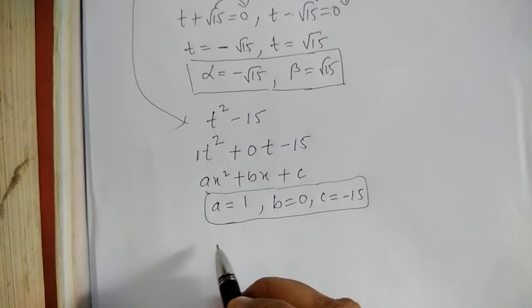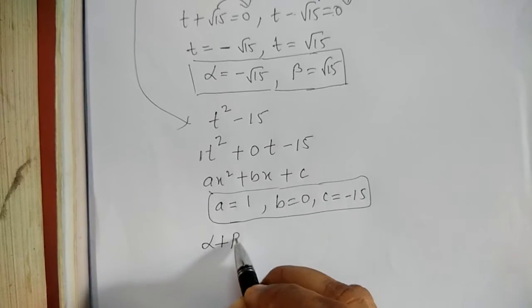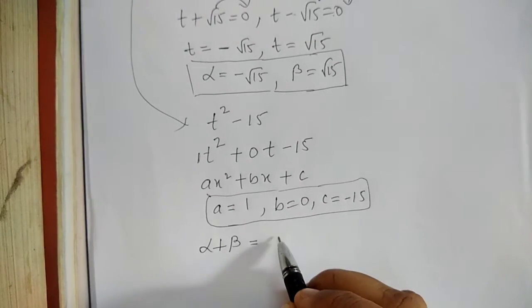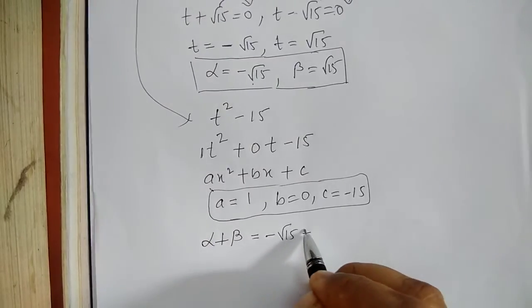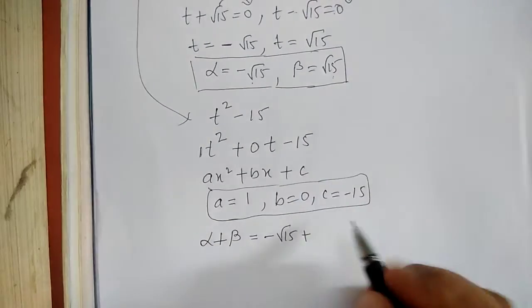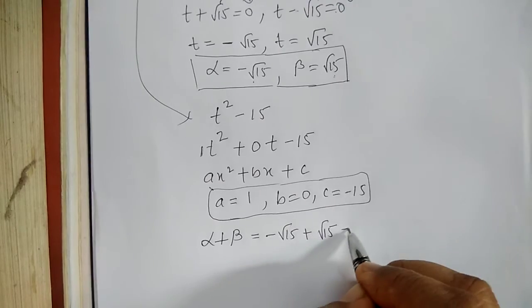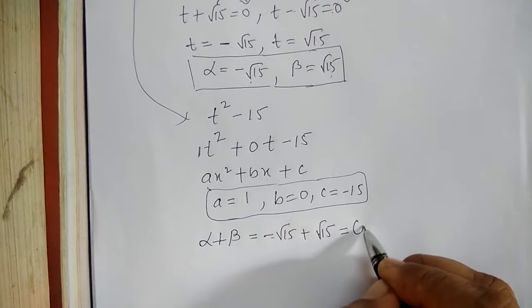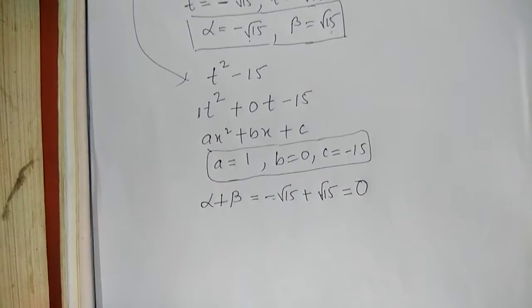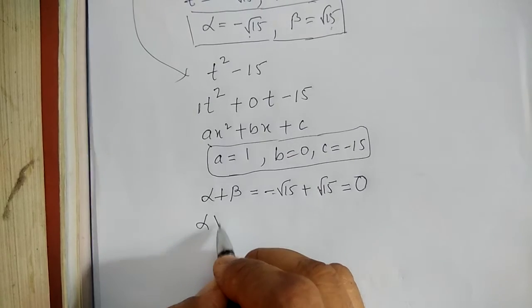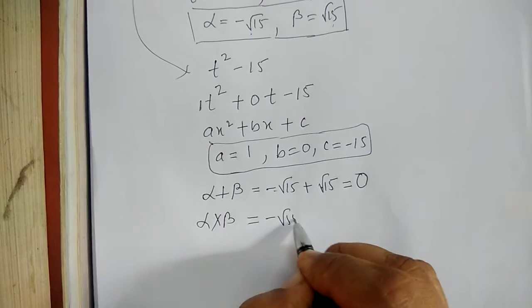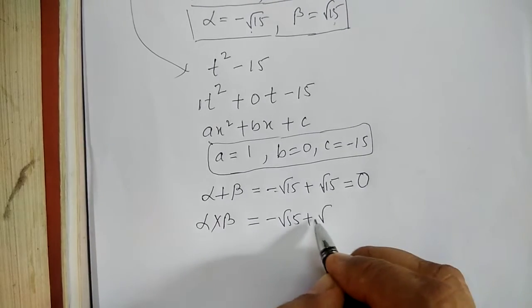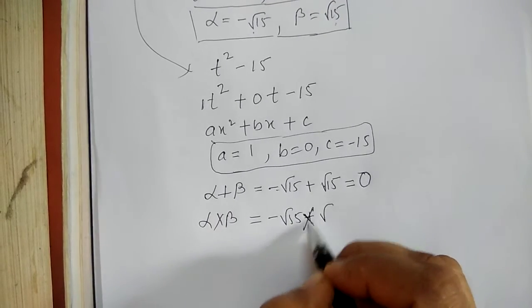Now find the sum of roots. Alpha is minus root 15 plus beta is root 15. Plus root 15 minus root 15 will give you 0. Now find alpha into beta, means alpha beta. Minus root 15 plus root 15, multiply.